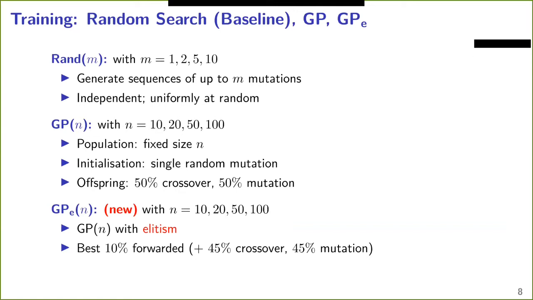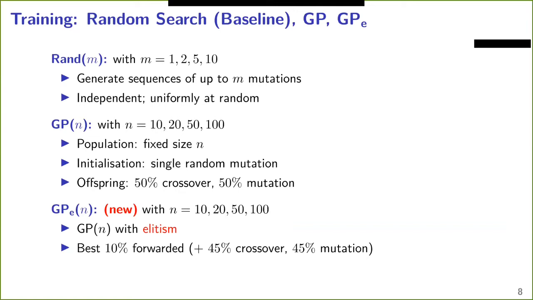For GP, we use a population of fixed size, with n from 10 to 100. So 10 and 100 can seem really small for GP, but they are 2 values that have been used in previous work. And the whole GP approach that we use has been directly taken from previous work. For initialization, we will generate software that has been obtained with a single random mutation.